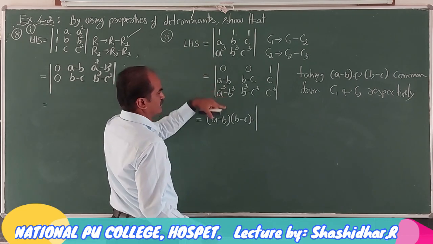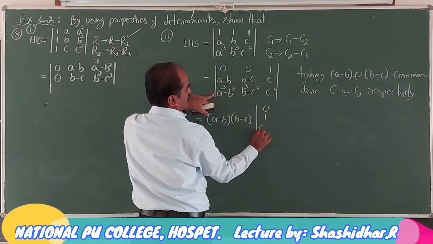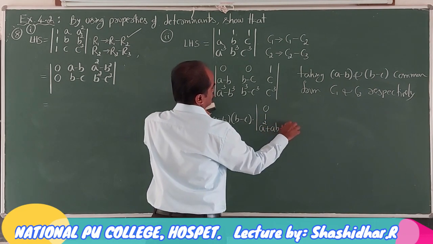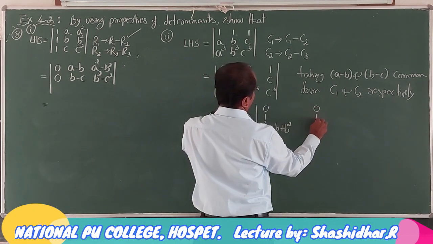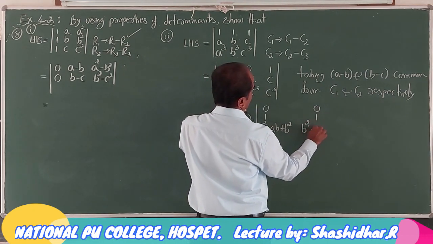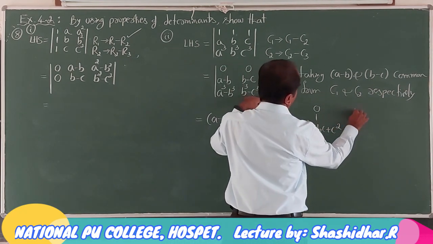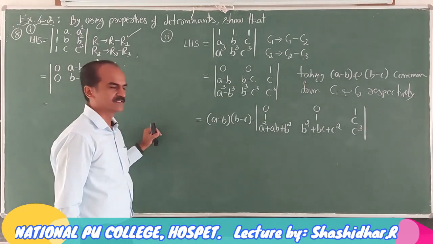In the first column, I have taken the a minus b factor common: 0, 1, a square plus ab plus b square. From the second column, b minus c common: 0, 1, b square plus bc plus c square. Third column I write as it is: 1, c, c cube. This is what I get.